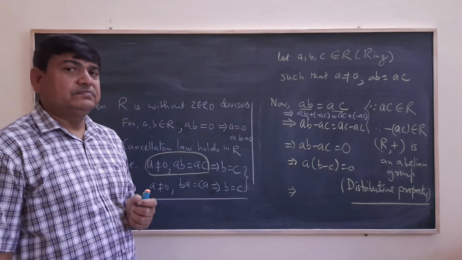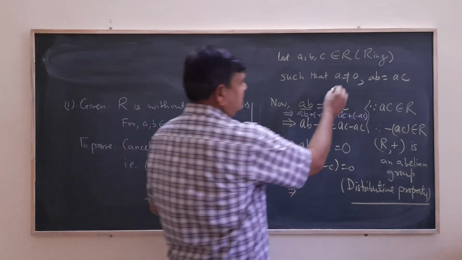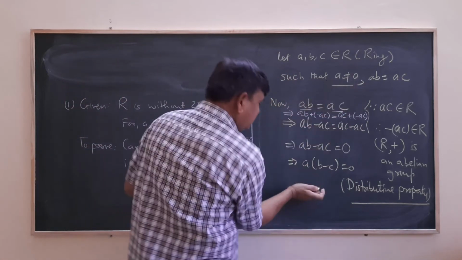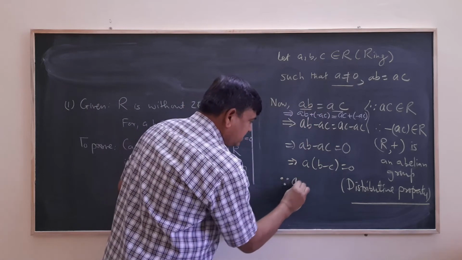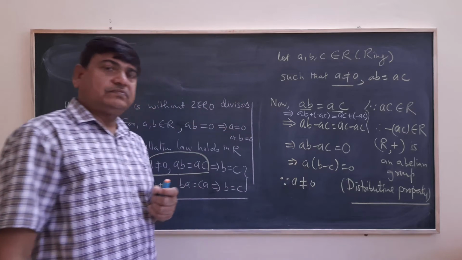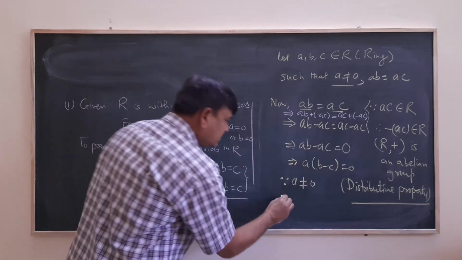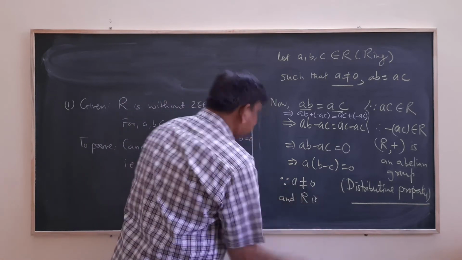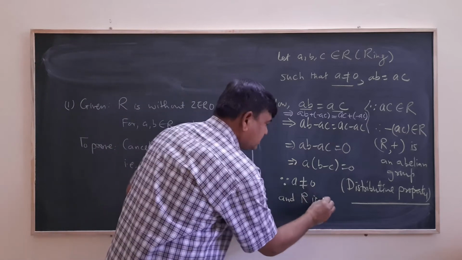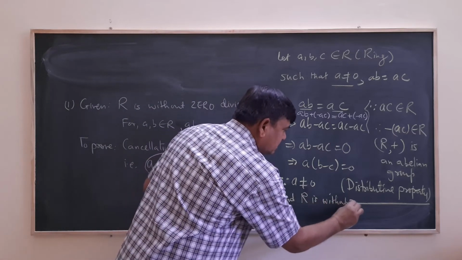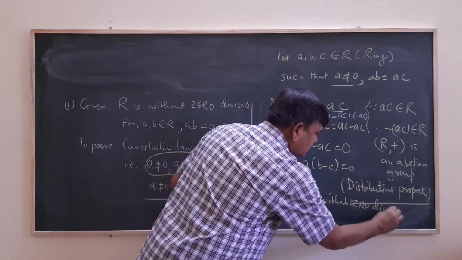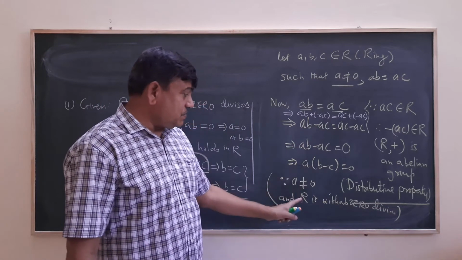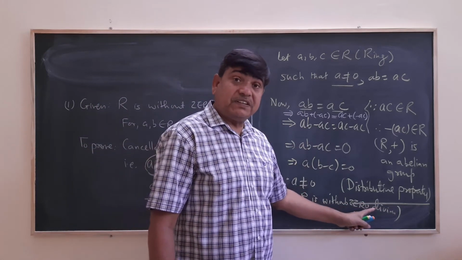Now come here, look at this carefully. Such that since A is not equal to 0, and since A is not equal to 0 and R is without 0 divisors, what do you mean?